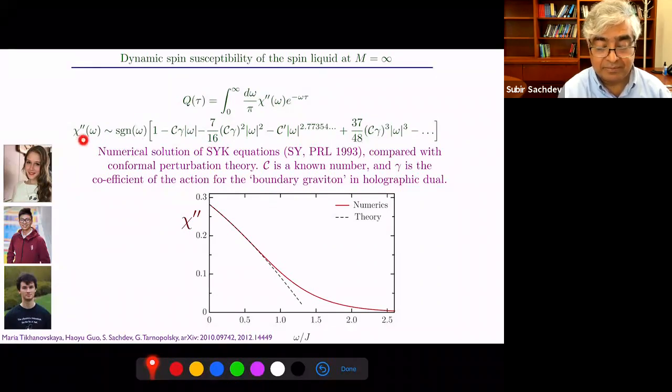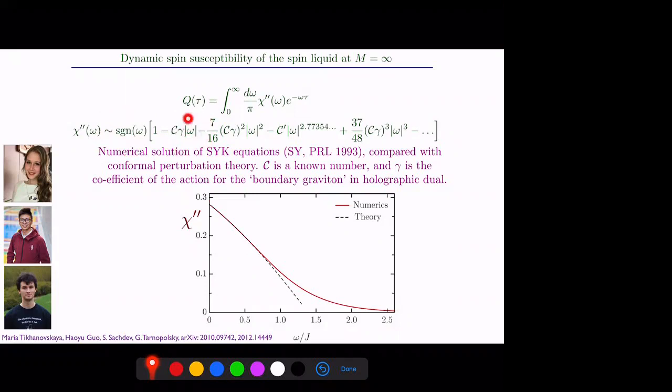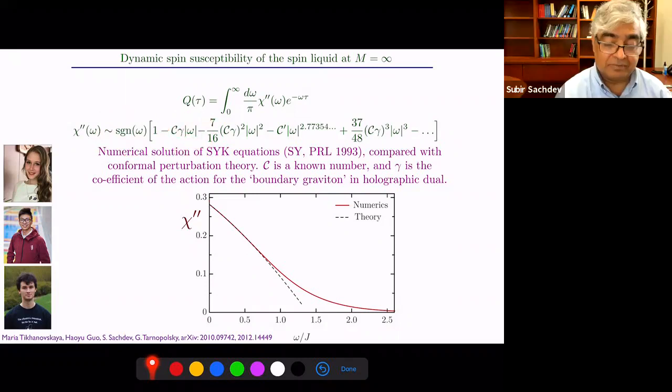And this means that the spectral density goes to a constant as a function of omega. Then the first correction is a term linear in omega like this. The sine omega term we already had in 93. The linear term was only understood recently, and it comes from the boundary graviton operator.